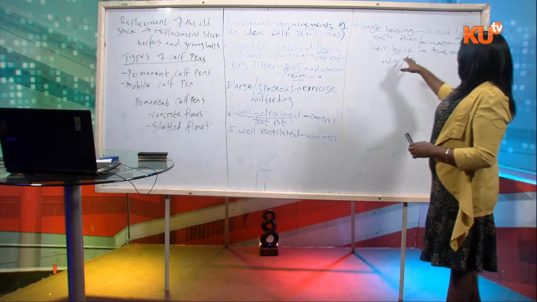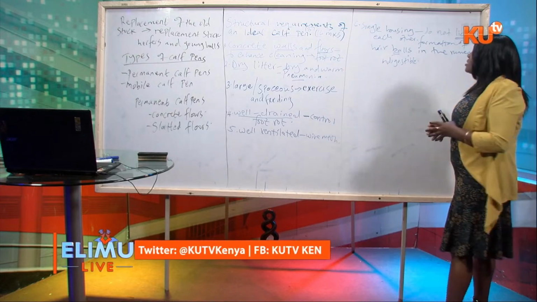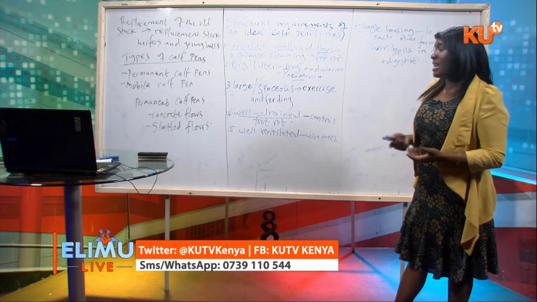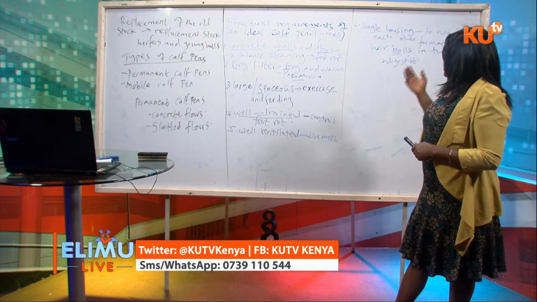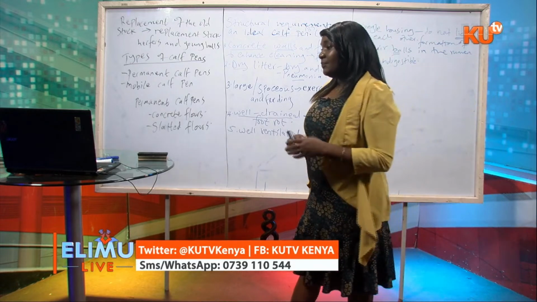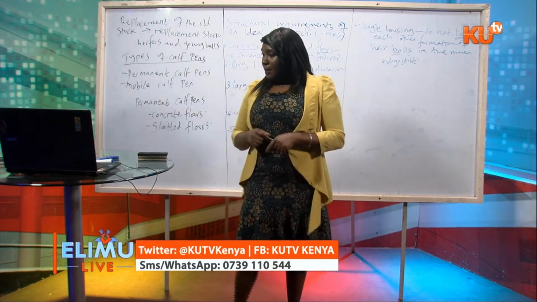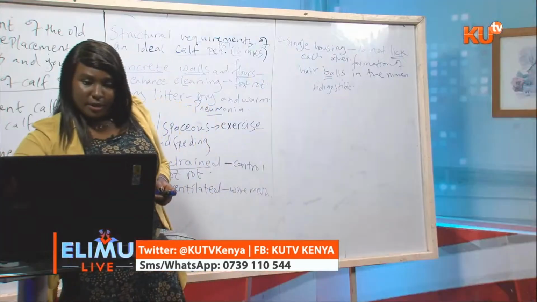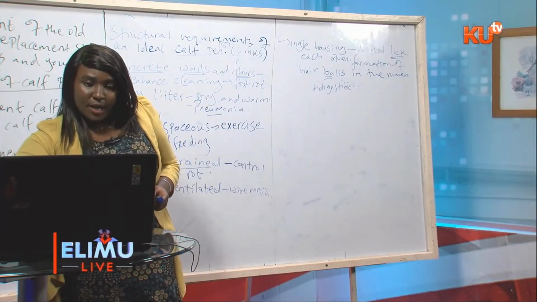So we need these calves to be housed singly, because they can lick each other since they are very young and tender. They can lick each other, and it might cause that licking and hair balls, which are indigestible in the rumen.